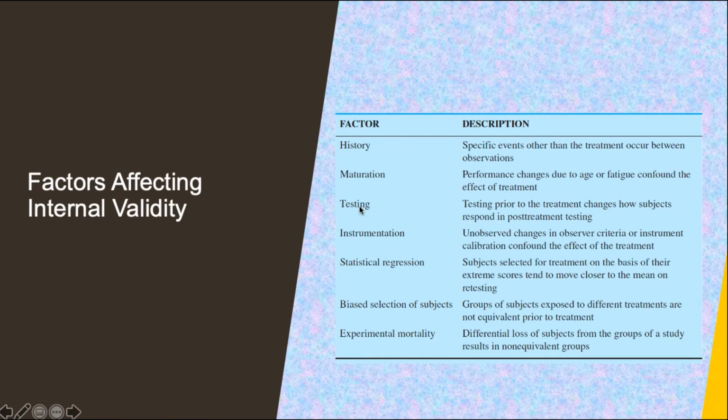Then testing occurs when a pretest sensitizes participants to what you are investigating in your study. As a consequence, they may respond differently to post-treatment measures than if no pretest were given.